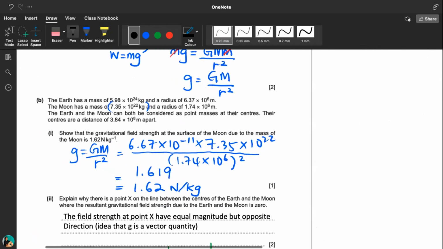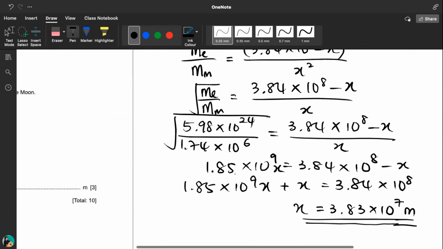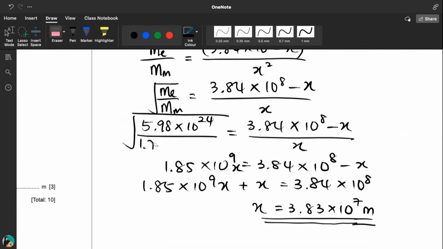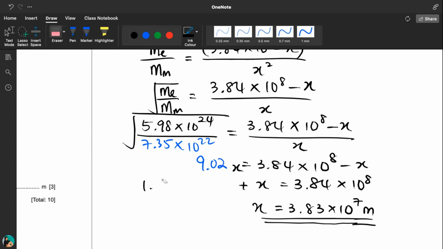Okay, sorry, this one should be 7.35 times 10 to the power of 22. Okay, 9.02, plus x, so 10.02 x.